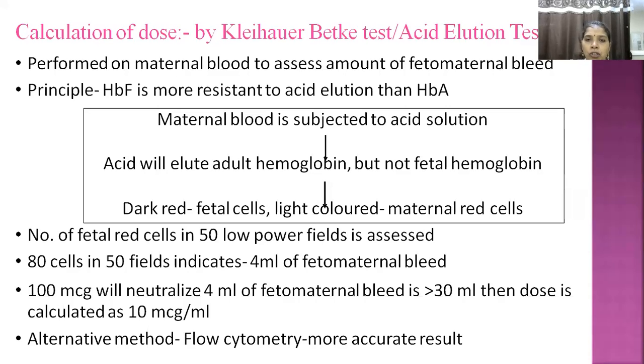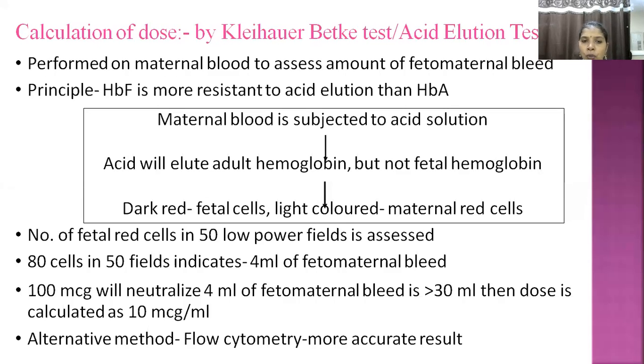Maternal blood is subjected to acid solution. Acid will elute the adult hemoglobin but not fetal hemoglobin. The dark red cells are fetal cells; the light colored are maternal red cells. So the number of fetal cells in 50 low power fields is assessed. 80 cells in 50 fields indicate 4 ml of fetal-maternal blood.